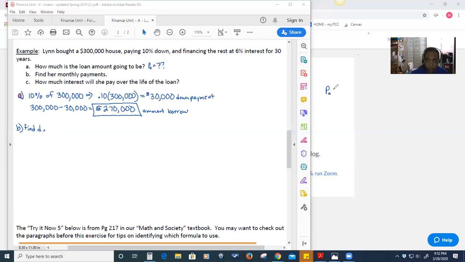PO is equal to D times the quantity 1 minus (1 plus R over K) to the power of negative N times K, all divided by R over K. I'm just going to double check my formula real quick.